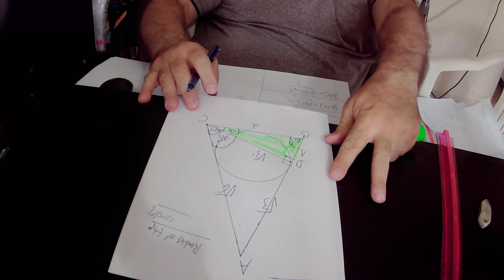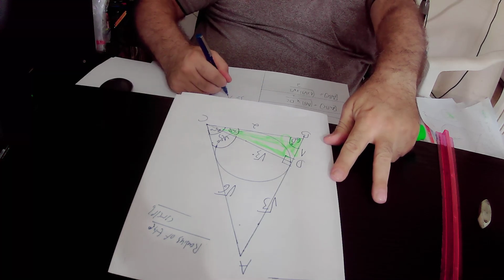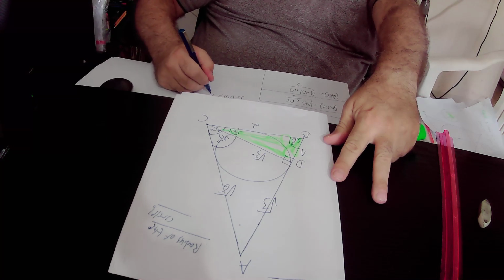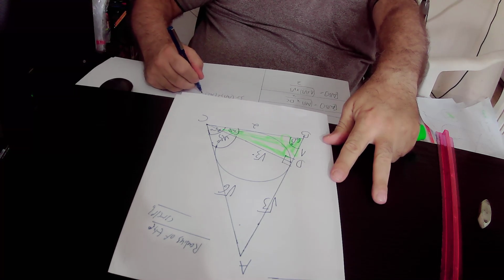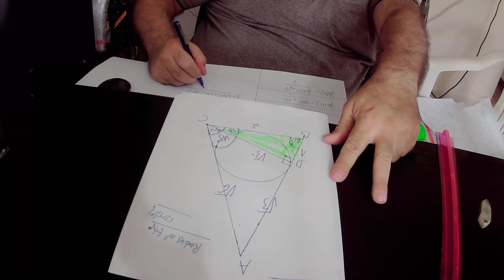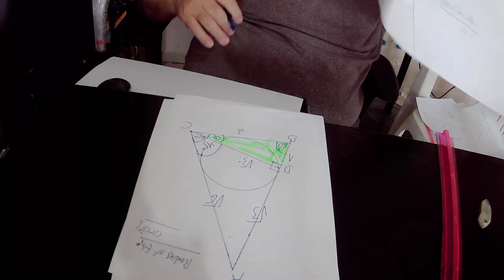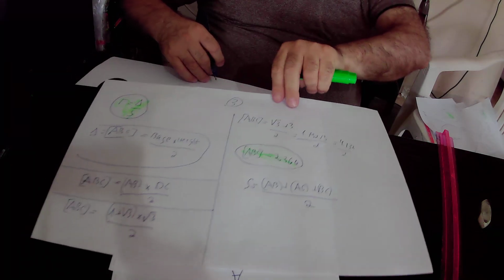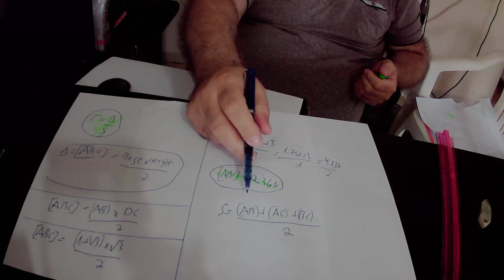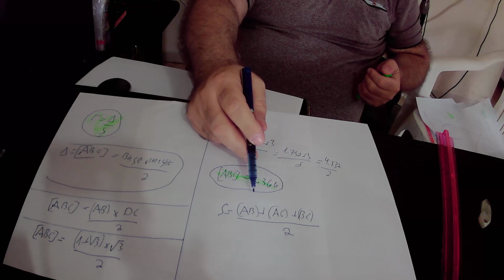That is to say, it is equal to AB plus AC plus BC, over 2. I'll repeat again, the semi-perimeter of triangle ABC equals the perimeter of triangle ABC, that is the sum of its side lengths, over 2.